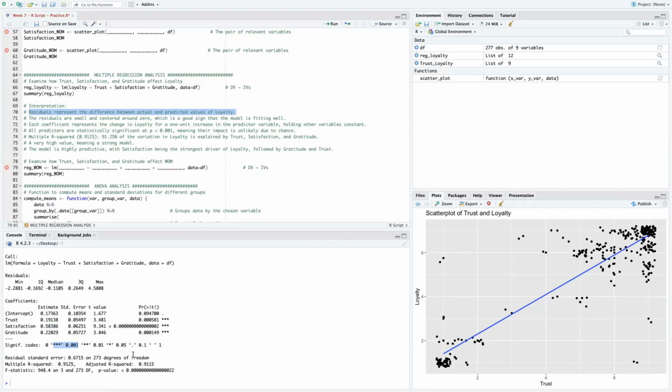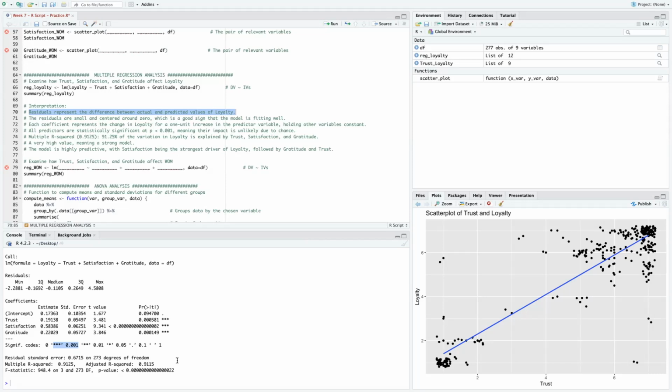And another index you can look at is the multiple R square. So the R square right here is 91%. It means the variation explained in loyalty by the three independent variables, trust, satisfaction, and gratitude, is good. This is a high value, meaning we have a strong model.